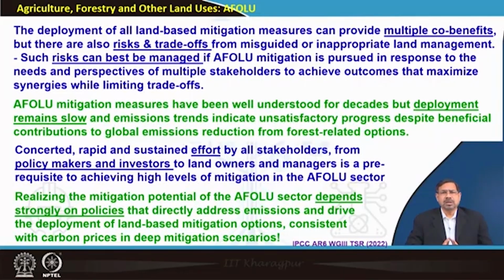So, three things we got very clear as far as the salient features are concerned. One is this agriculture, forestry, land use sector. If we properly manage our land, then we can realize the potential of up to 33% in terms of mitigating the share of climate change.